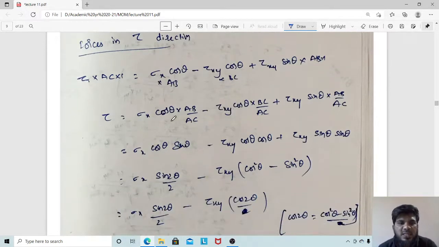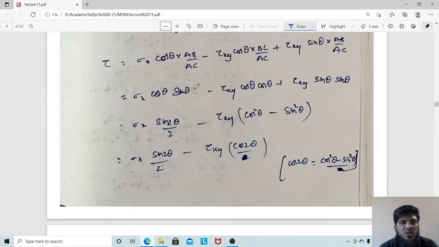Once you are done with this, AC will come to this side. Again from the triangle ABC we can calculate AB by AC is sin theta, BC by AC is cos theta, AB by AC is sin theta. Done. Here we are getting cos theta sin 2 theta by 2, tau x cos theta, cos square theta minus sin square theta. We know cos square theta minus sin square theta is nothing but cos 2 theta. This is another identity.